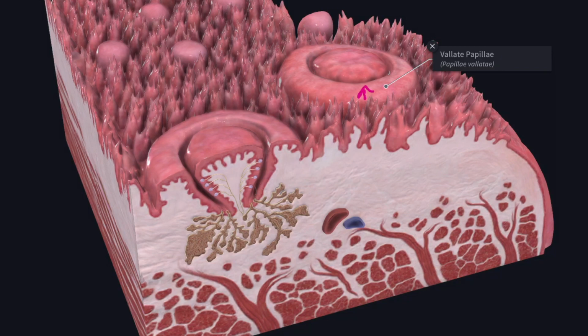The circumvallate papilla is a truncated cone with a broad base which is directed to the surface of the tongue, and it is surrounded by the circular sulcus. So here you can see it is surrounded by the circular sulcus. Hence it is known as circumvallate papillae.